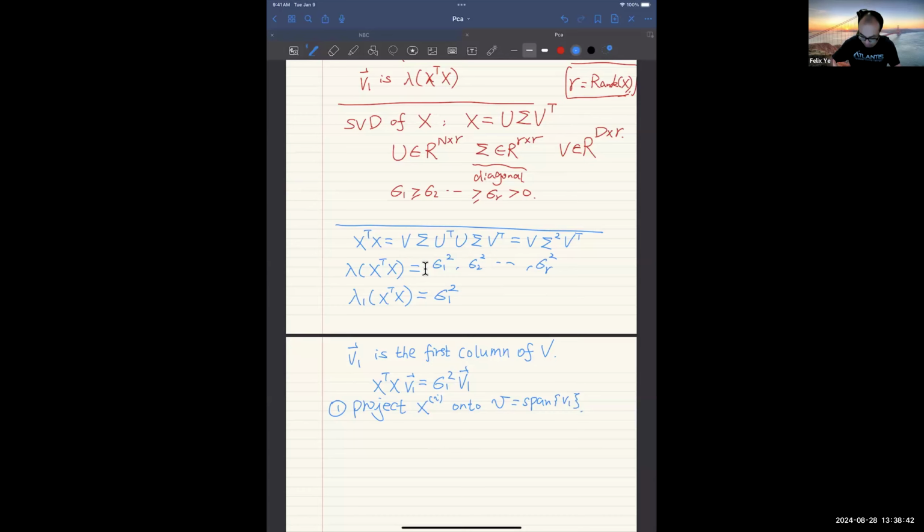So this is my X tilde of i, the inner product of V1 and X of i, which is basically V1 transpose X of i. That's a scalar times V1, so this is still in R^D.